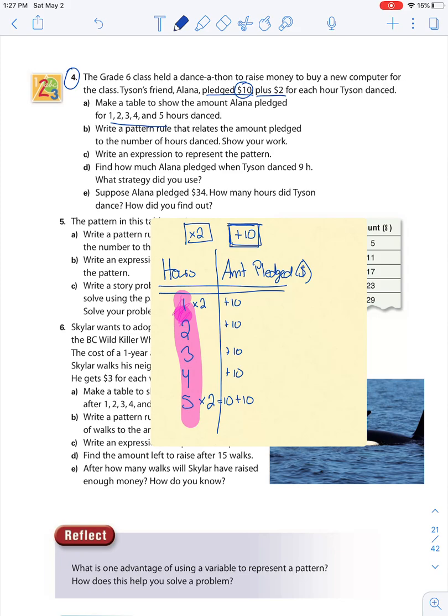So that's what's going to help us figure out what's in the second box. The first box is always attached to the variable because that is how much it's changing by.